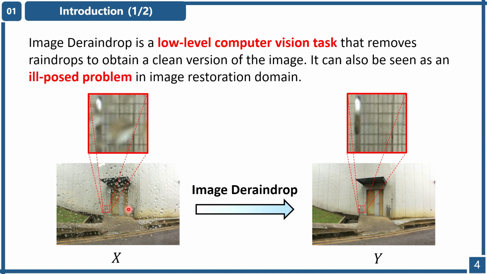An image degraded by raindrops exists in domain X. After undergoing the image deraindrop process, also known as image deraining, the image is transformed into a raindrop-free version, which belongs to another domain, referred to as domain Y.